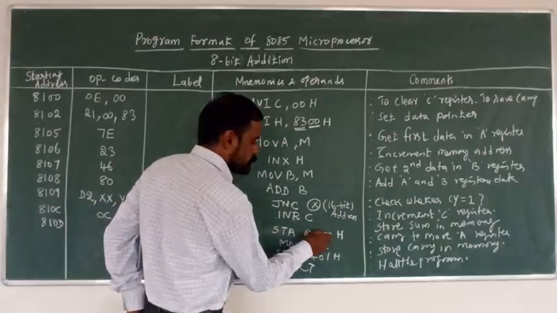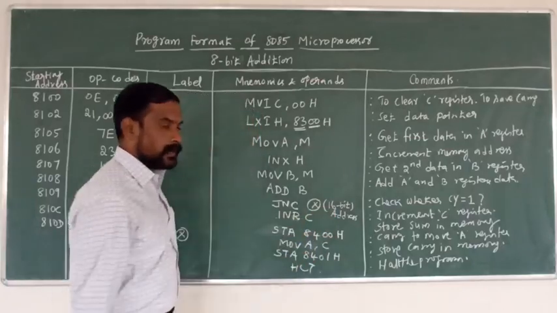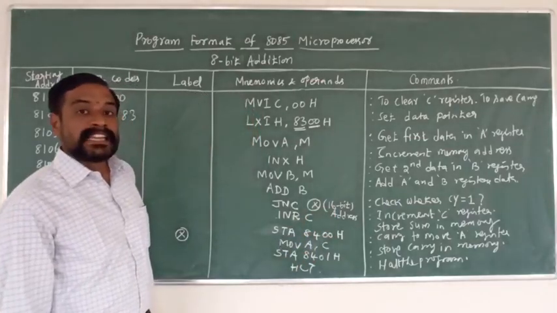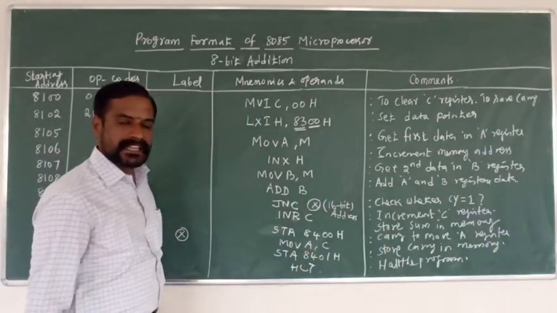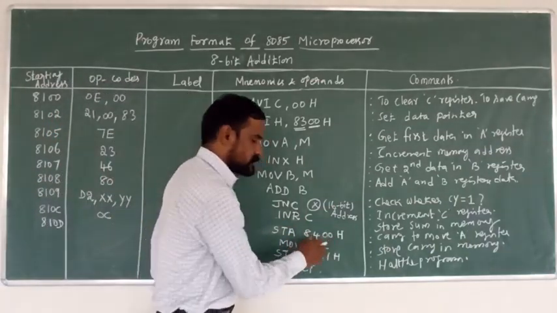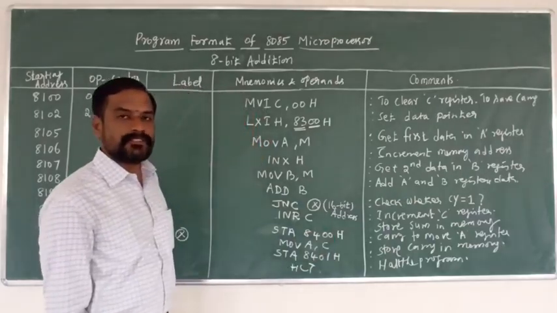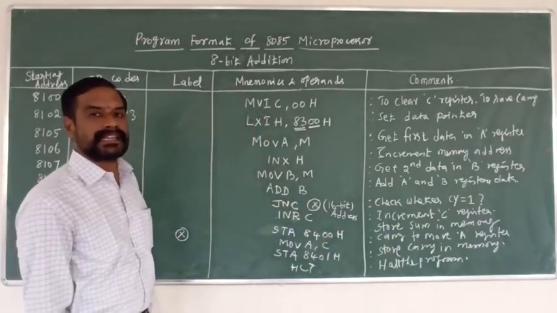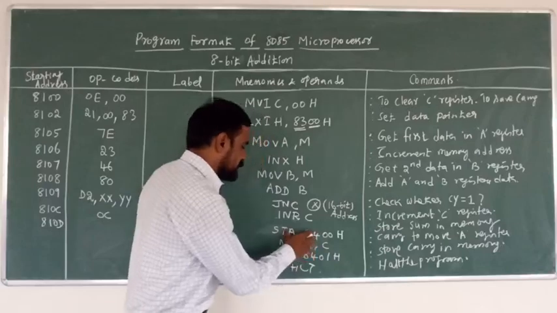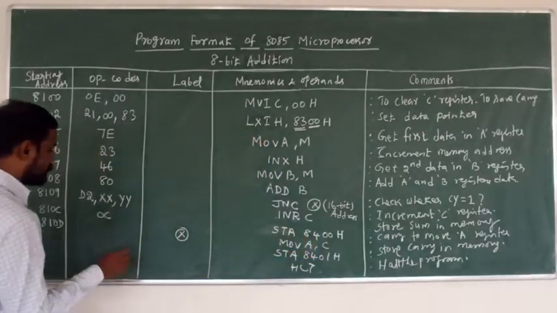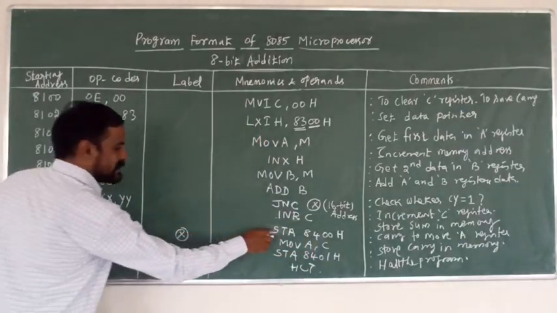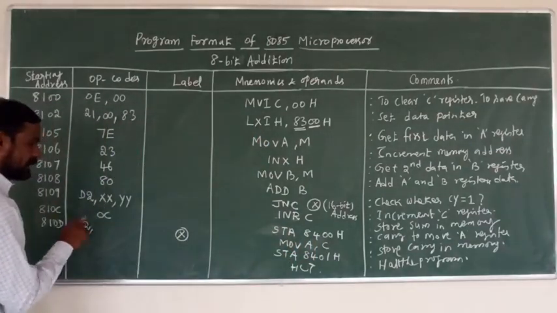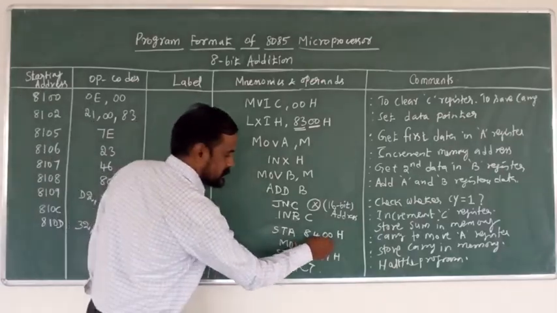STA 8400. This is a 3-byte instruction. STA opcode is a single byte and 8400 is a 16-bit address, which requires 2 bytes. Total 3-byte instruction. STA opcode 32, comma, 16-bit address.